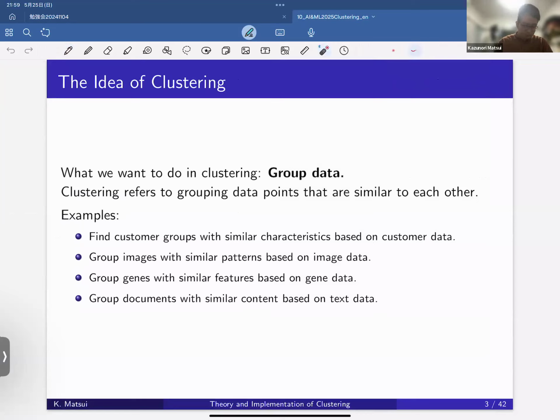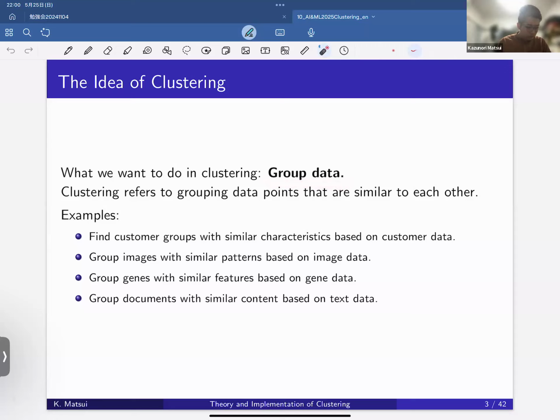Now let's introduce what clustering is. What we want to do in clustering is to group data. Clustering refers to grouping data points that are similar to each other.